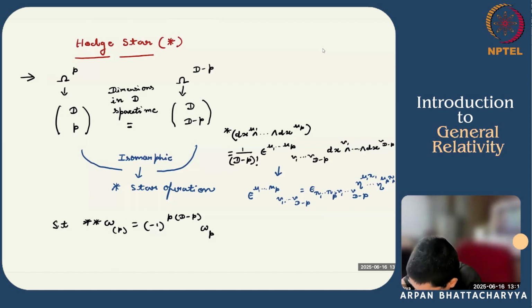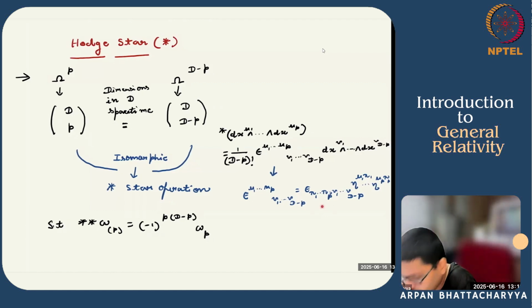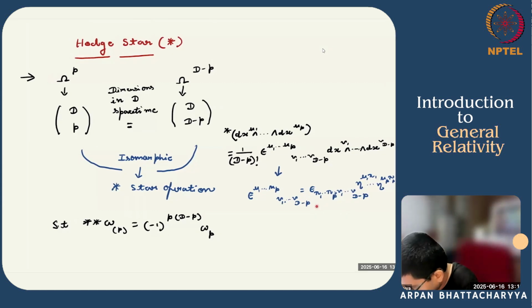You can lower these indices by multiplying with the inverse of the Minkowski matrix, and you can have the conventional Levi-Civita symbol. Also, it has capital D number of indices, because remember that for a D space-time dimension, you cannot have more than a D-form, so anything more than that will automatically vanish by antisymmetry. So regardless of this hybrid nature, you can show that this is completely antisymmetric.